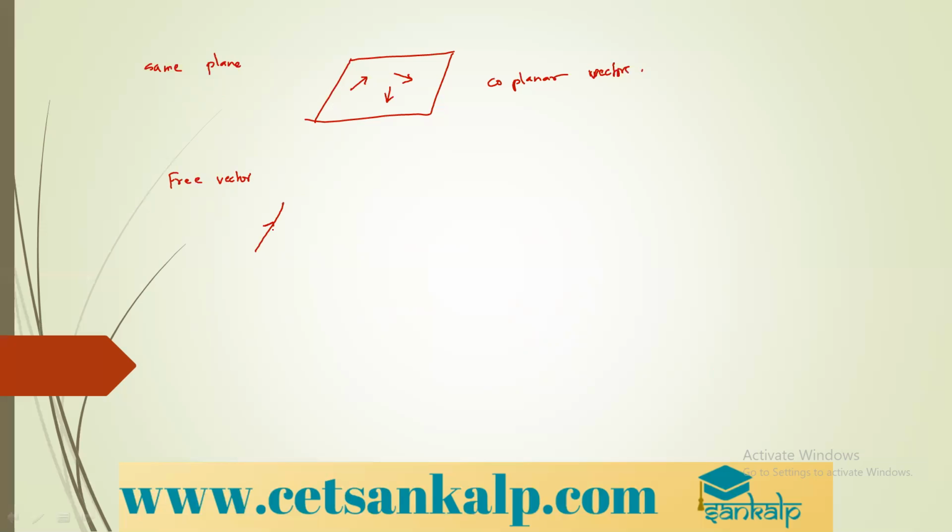Like suppose there is a vector, it is like this. If I shift this vector here, or if I shift it here, such a vector is called a free vector. Its magnitude will not change, its direction will not change, but the vector can be shifted to any position as we like.